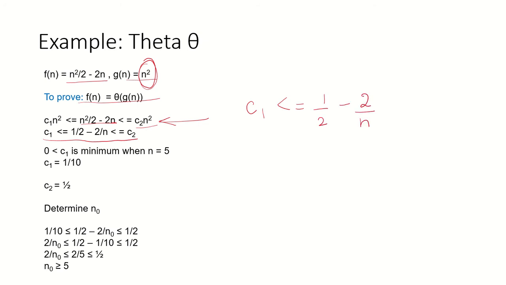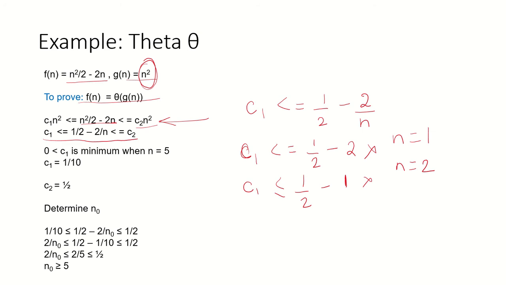Let's take the value of n equal to 1. If n is equal to 1, this would be 1/2 minus 2, which would give a negative value of c1, and c1 and c2 both have to be positive constants, so this will not work. If n is equal to 2, again, 1/2 minus 2/2, which is 1, again this would result in a negative value.